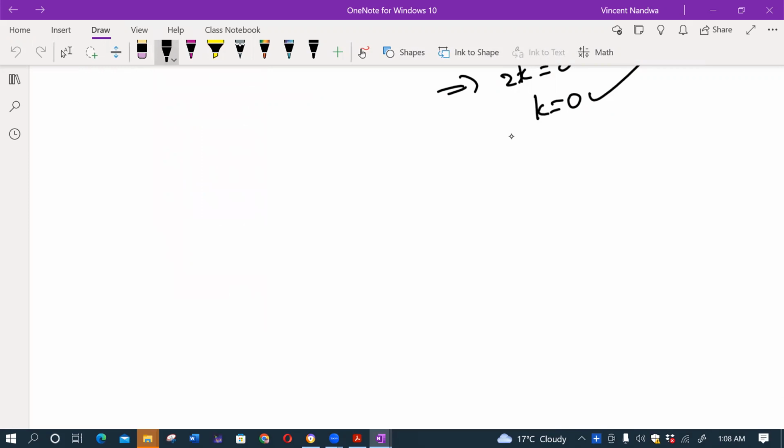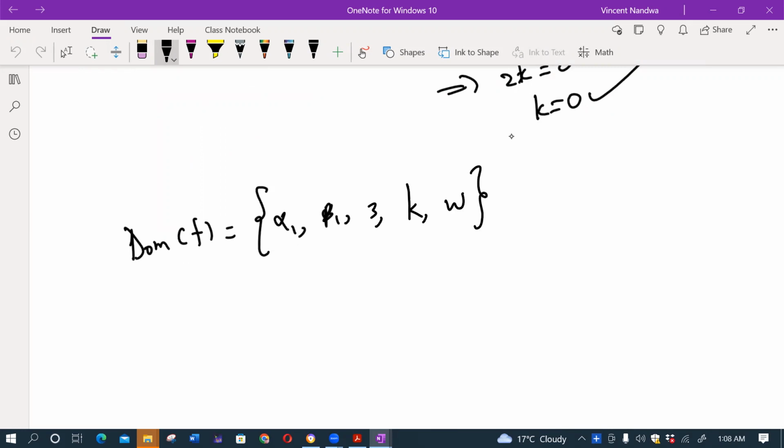So therefore, the domain of f, the set of all the inputs, we have alpha 1, beta 1, 3, k, and w. So this is what defines the domain of that function f.